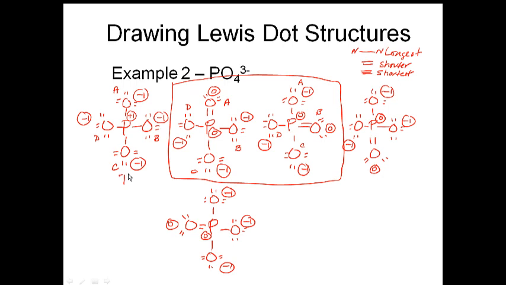If I call this structure number 1, structure number 2, structure number 3, structure number 4, and structure number 5, are structures 2 and 3 different? Yes. Are structures 3 and 4 different? Yes. Are structures 4 and 5 different? Yes. Are all 5 of these structures different?